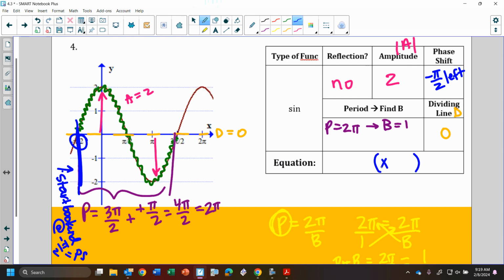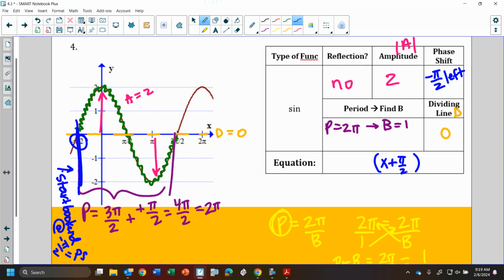It'd be a plus pi over 2. Can you write plus pi over 2 in the phase shift box? It's up to you whether you put it as a plus or minus. I can hear it argued either way. I just wrote left pi over 2. Perfectly fine. The word to me is more important than the positive or negative in your work. The left is going to be my cue to write it as a plus in my equation.